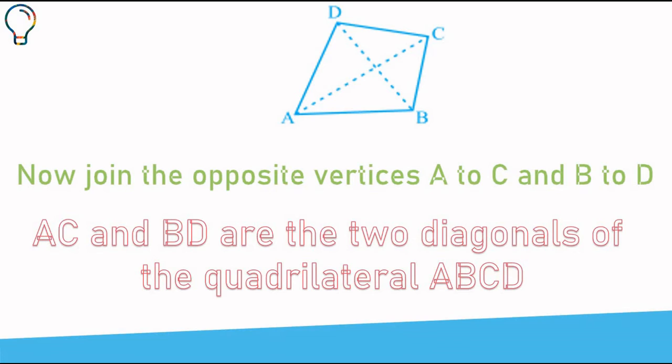So AC and BD are the two diagonals of this quadrilateral ABCD. So what are diagonals? They join opposite vertices and divide the figure into two parts. So here AC and DB are the diagonals in this quadrilateral ABCD.